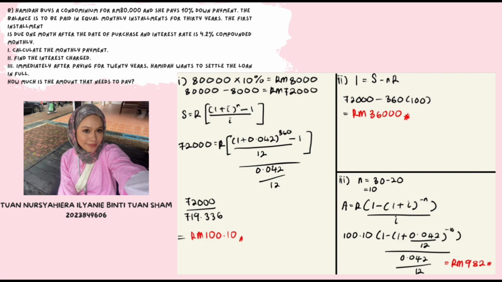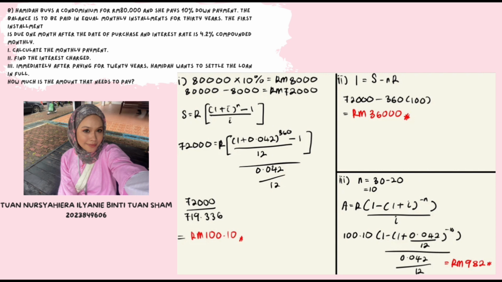So 72,000 equals R[(1 + 0.042 over 12)^360 minus 1] divided by 0.042 over 12, and the answer is RM 110. For part 2, I equals nR minus S, so 360 times 100 minus 72,000, and the answer is RM 36,000.